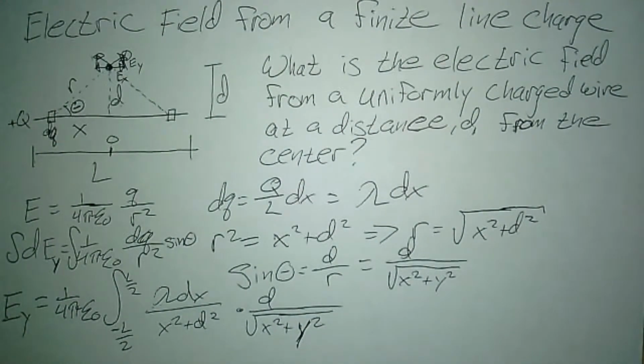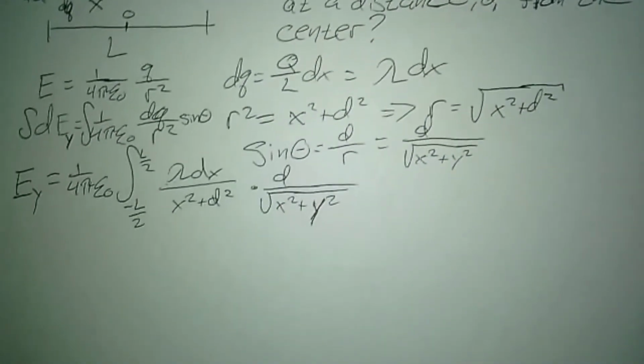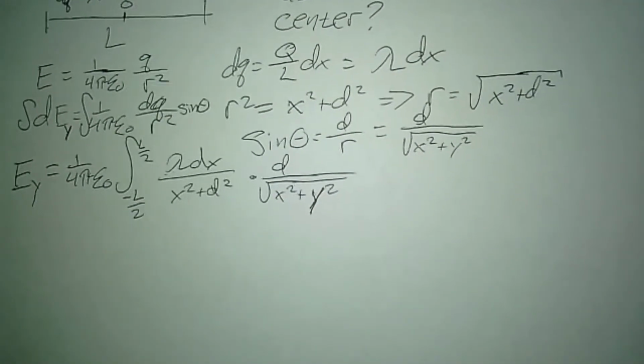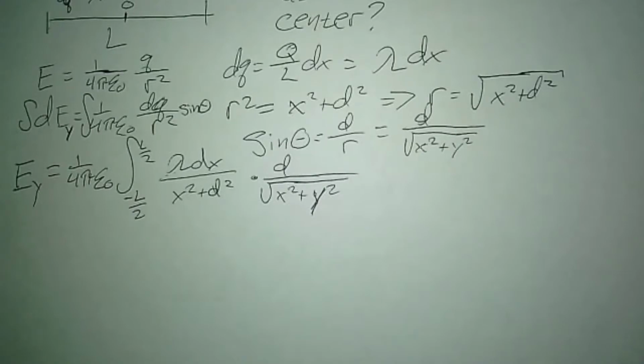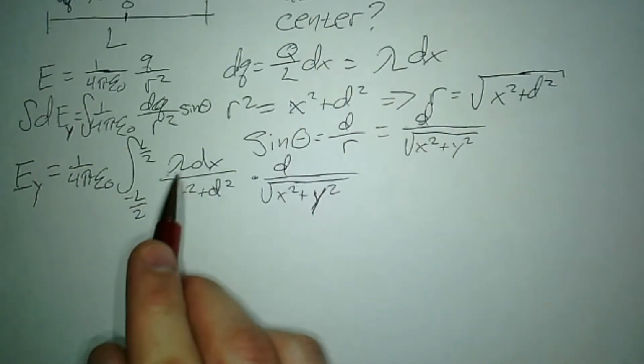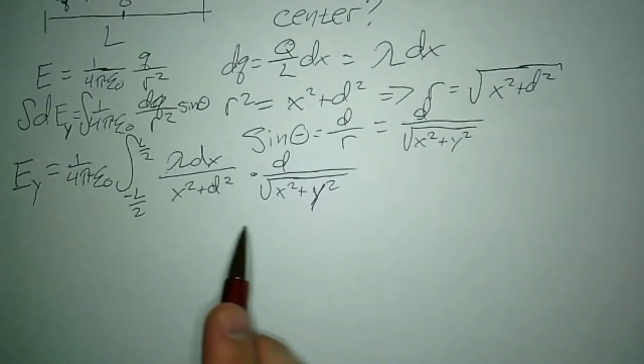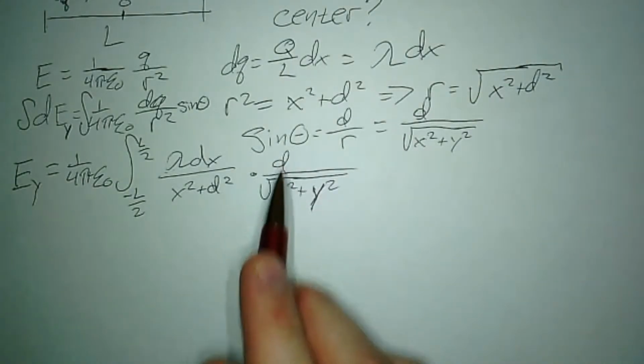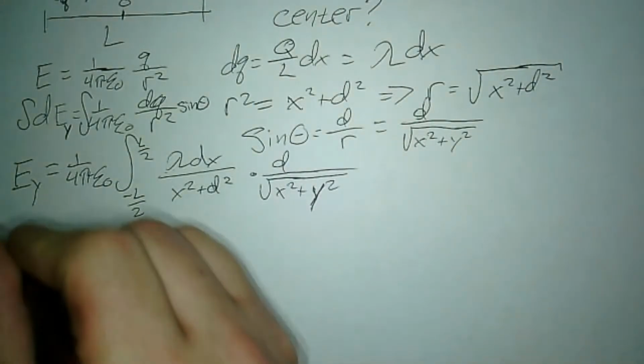All right, so I'm going to need a little bit more room, so I'm going to slide the paper up. Excellent. So let's simplify this. I can pull out my lambda and combine the bottom into one term.